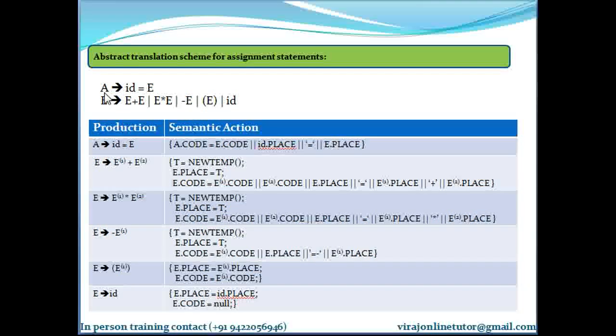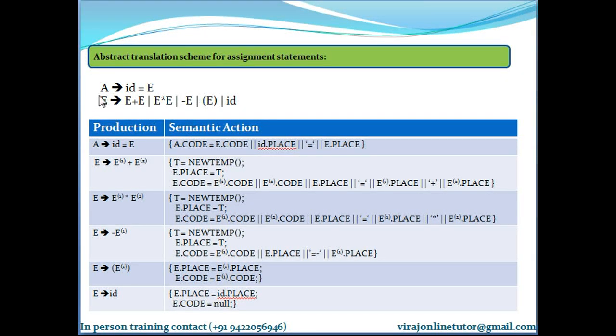Similarly, this A is an assignment statement. It depicts an assignment statement wherein whatever is the value of E, I assign it back to id. Now let's start with the abstract translation scheme for the above assignment statement.